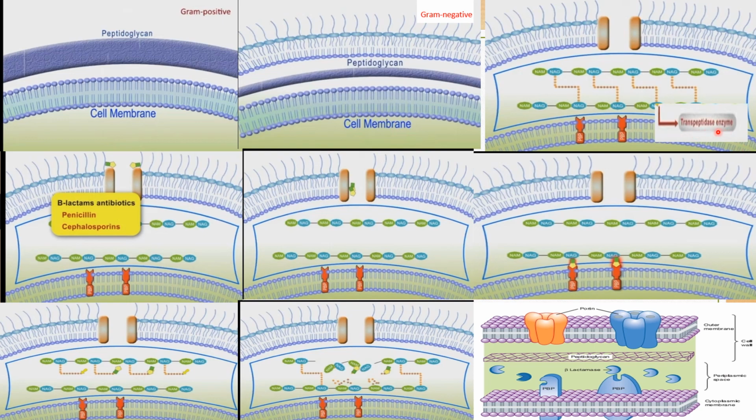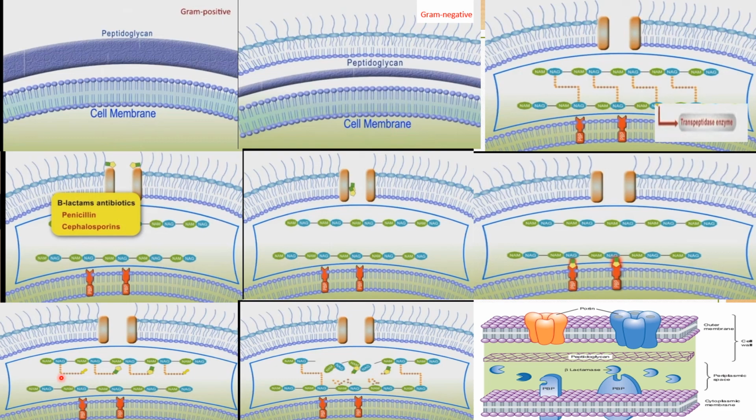And as you know, transpeptidase enzymes are involved in cross-linking. So these activated beta-lactams inactivate the transpeptidase enzymes and they break the cross-linking.